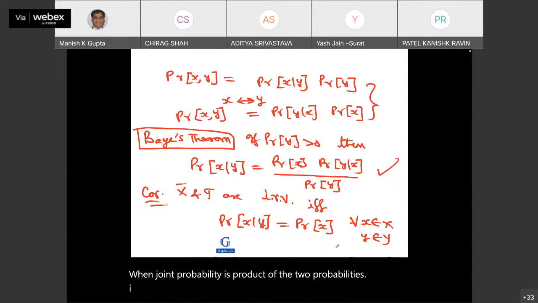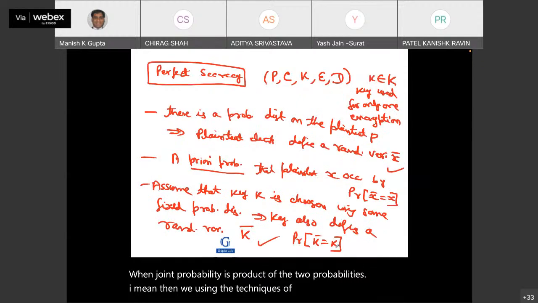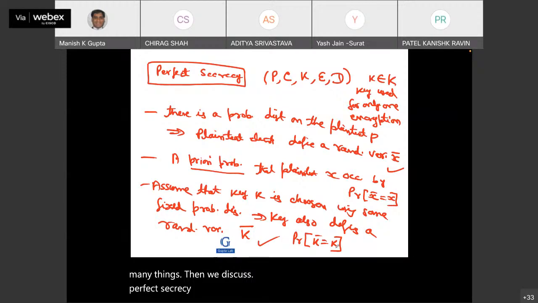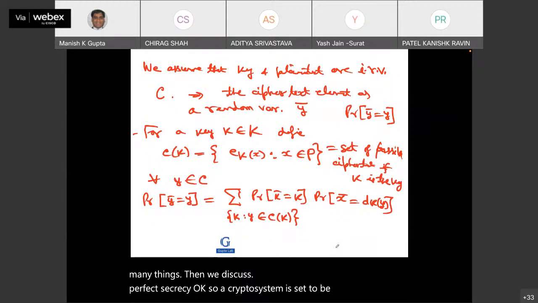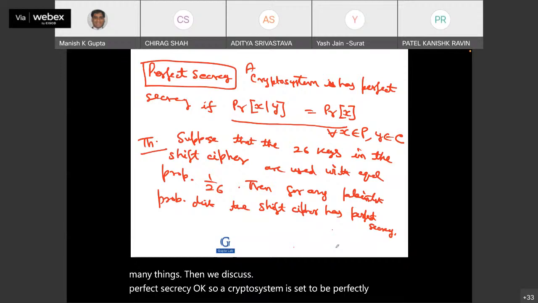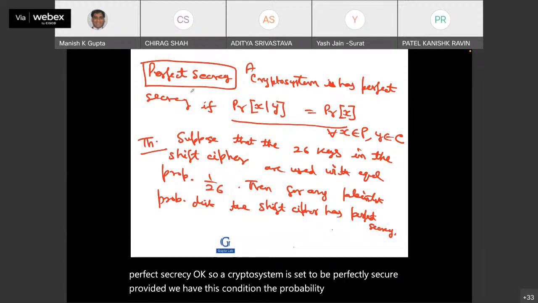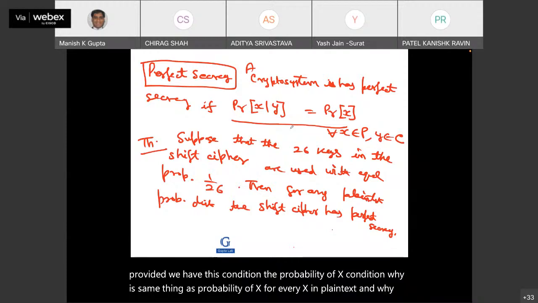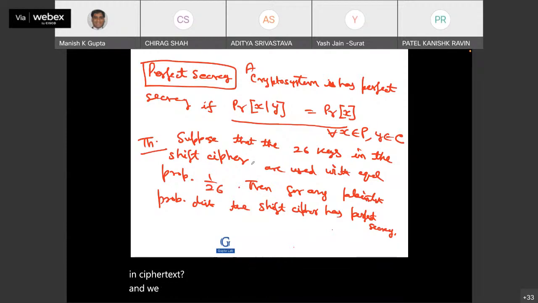Then, using the techniques of Bayes' theorem, we obtained many things. Then we discussed perfect secrecy. A crypto system is said to be perfectly secure provided we have this condition: the probability of x given y is the same as the probability of x, for every x in plaintext and y in ciphertext. And we have shown you that the shift cipher is perfectly secure.